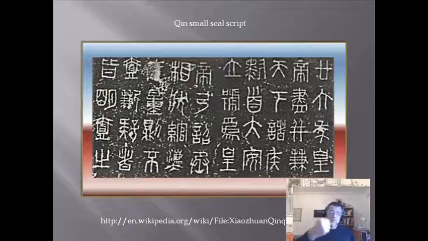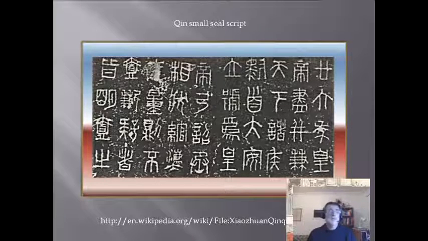You had to actually use a chop or a seal, okay, and you had to chop whatever the official document was. Now, obviously, the emperors had big seals, and they stamped into wax, and they also had the ink and so on. So this script, in a sense, was a script that worked well with a seal, which is something that needs to be carved into some kind of stone.